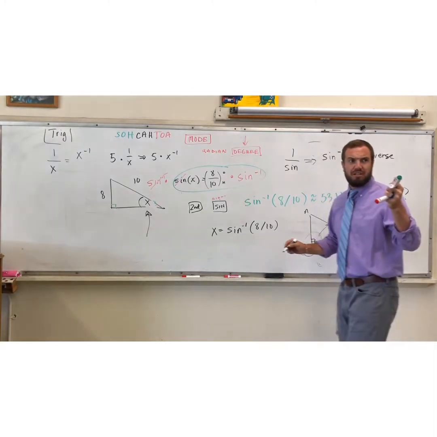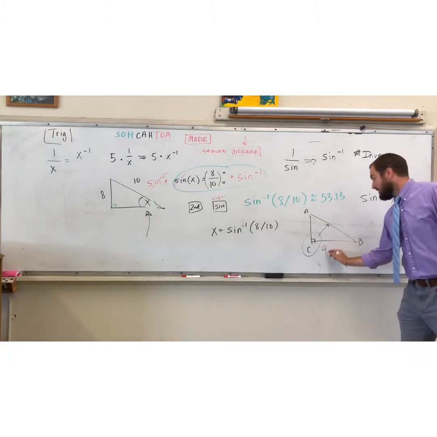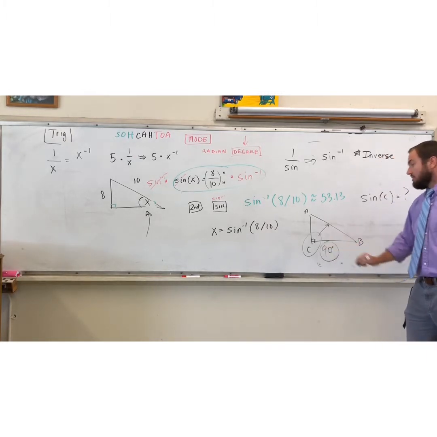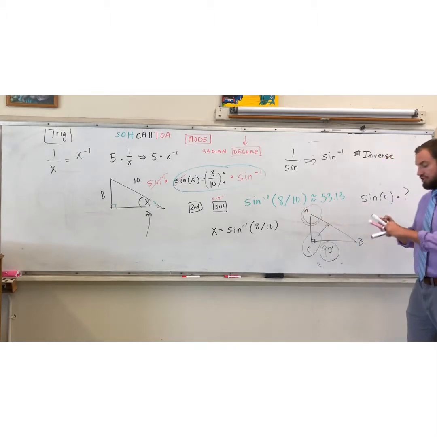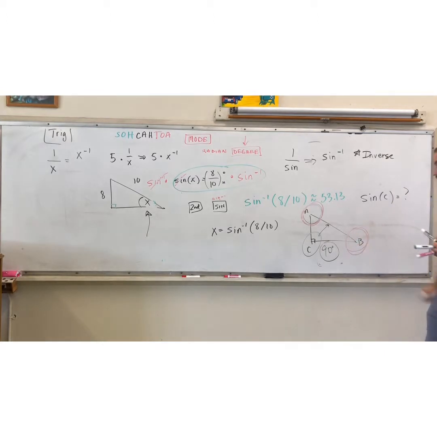But what is trig? Sine. What is trig? Sine. It's the ratio of the sides of an acute angle. Can I do sine of C? Why not? This is a 90-degree angle. It is not an acute angle. So you can only use these ratios if you're working with your acute angles.